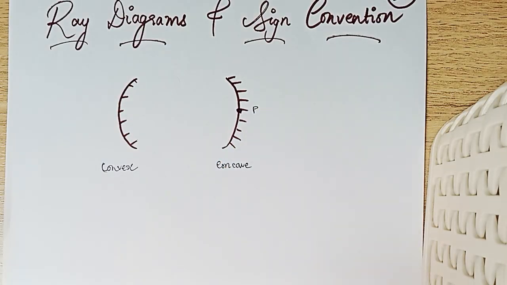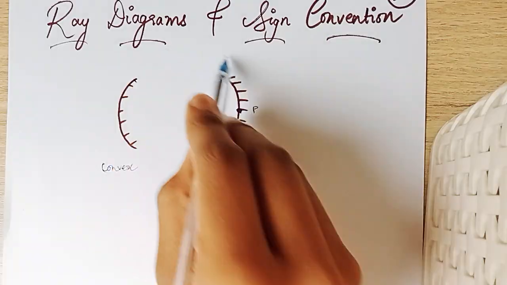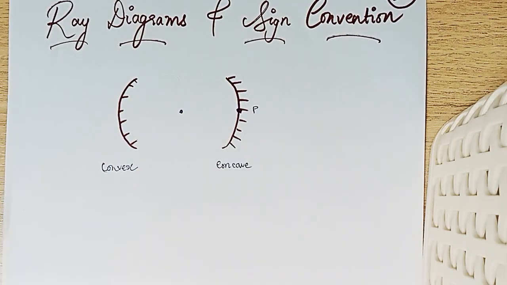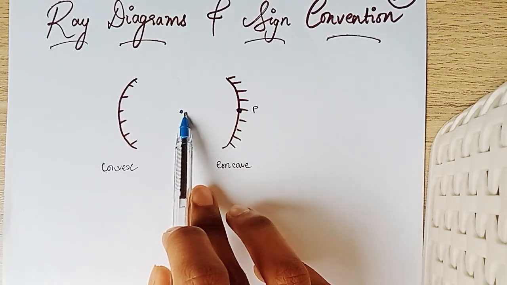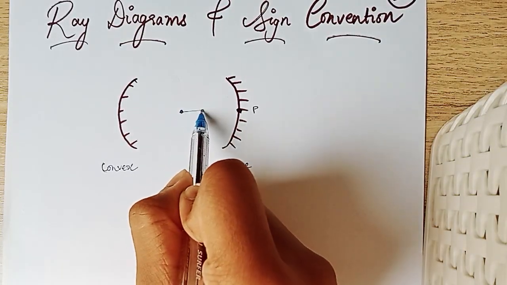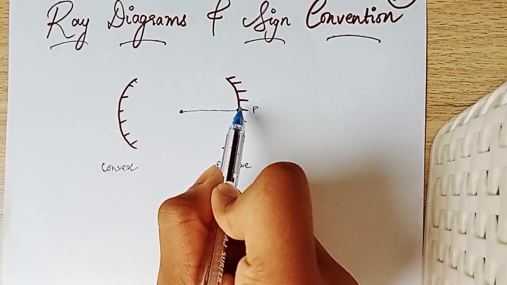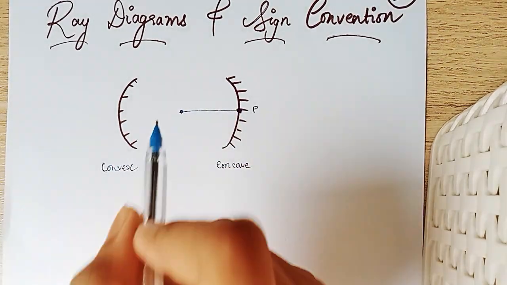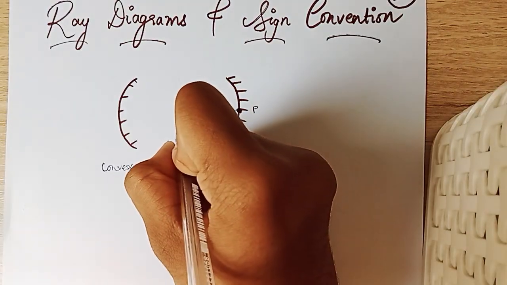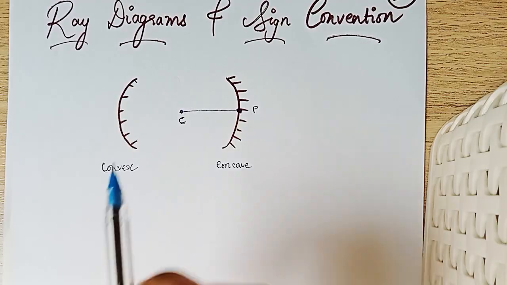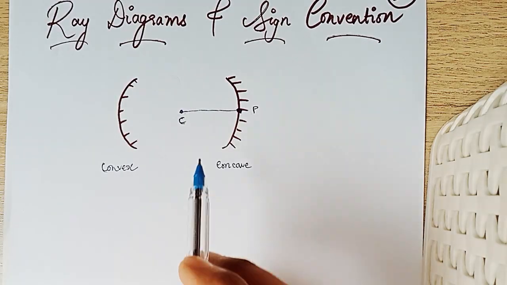Next is the center of curvature. In the spherical mirror, there should be a center. This center of the sphere, to the concave mirror, is called the center of curvature. Next is the focus or the focal point.